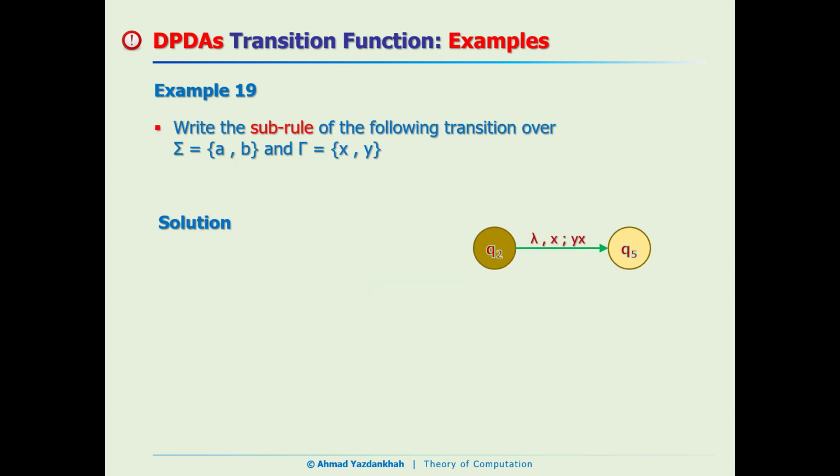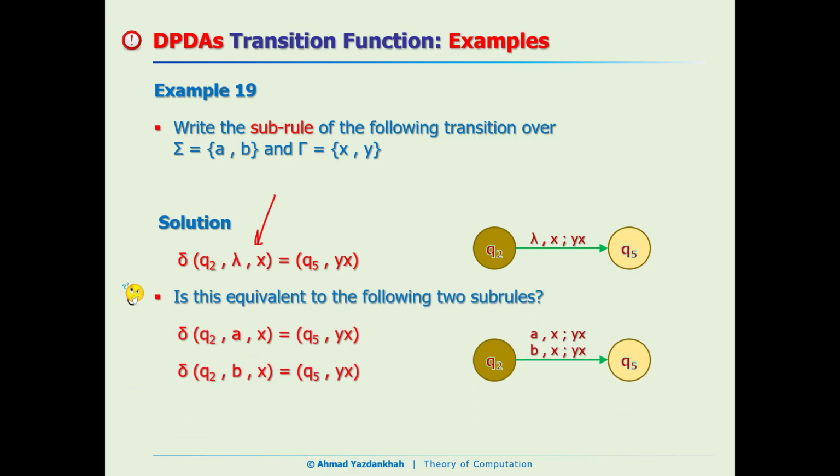Another question: how can we write the delta here? Here, if we are in Q2, and if the input is lambda, as you see, this is one reason we put lambda here and needed to add it to the alphabet. And if the top of the stack is X, then go to Q5 and push YX. Now, let me ask a very important question.